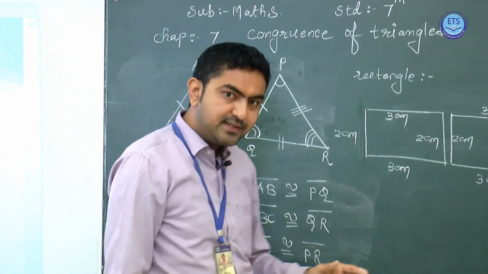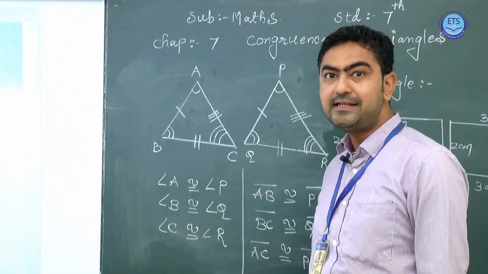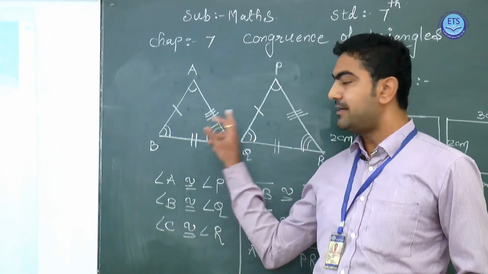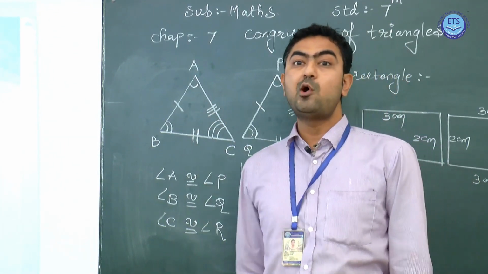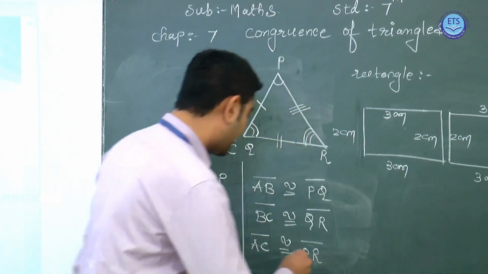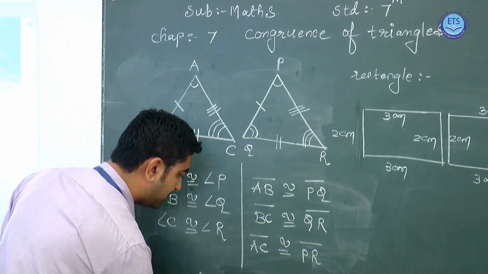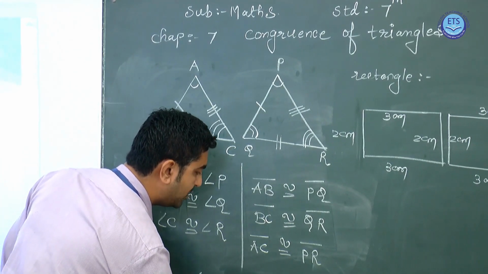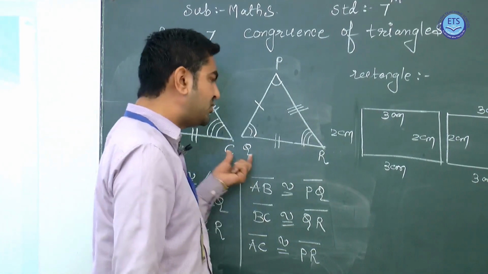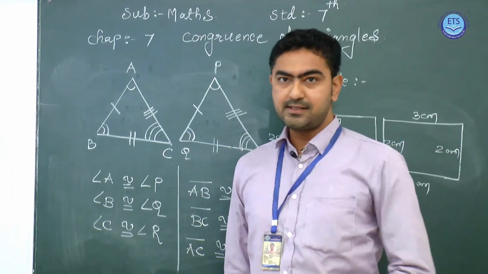If all these 6 conditions are satisfied, then these two triangles are said to be congruent. So at last you should write, triangle ABC is congruent to triangle PQR. This is the simplest rule for congruency of two triangles.